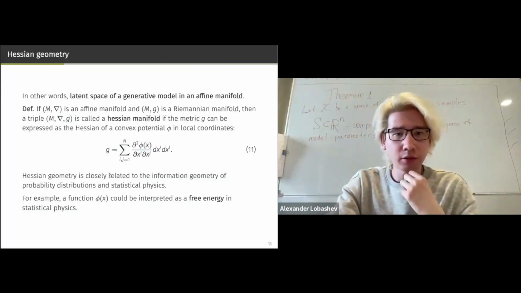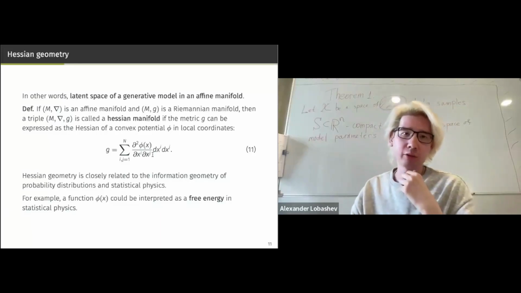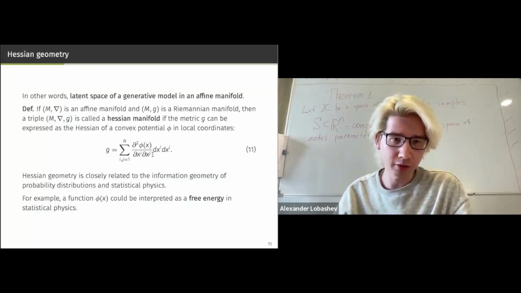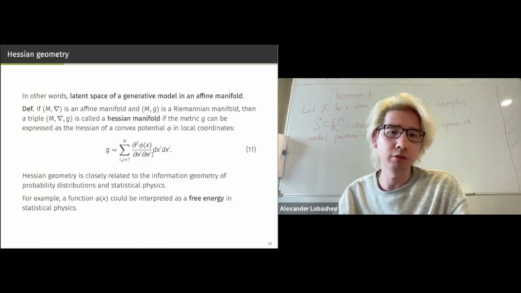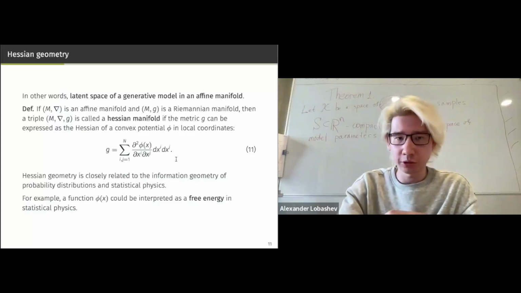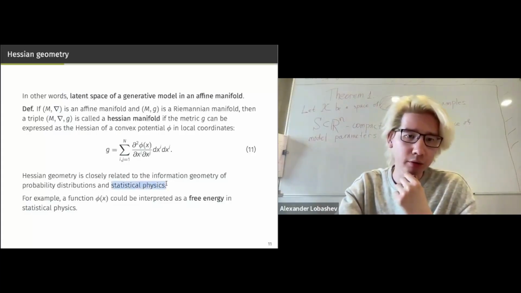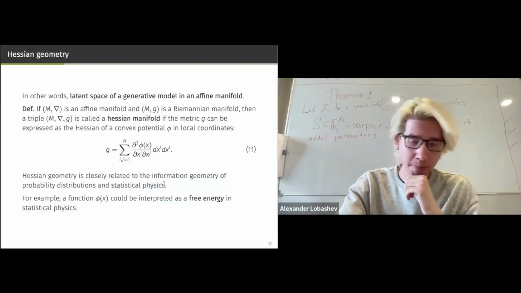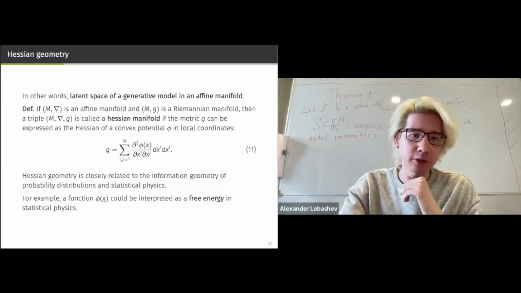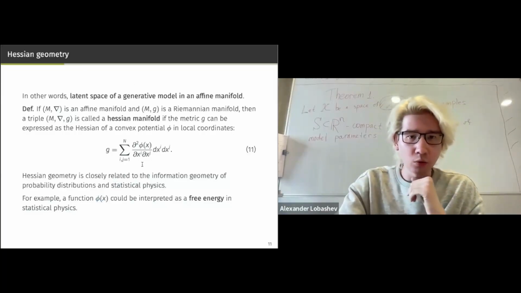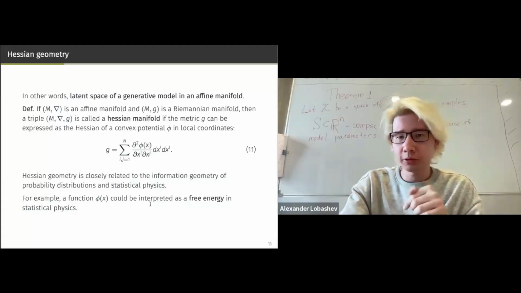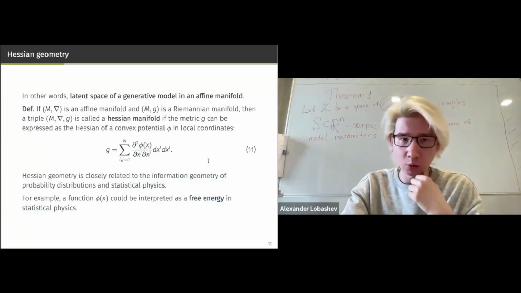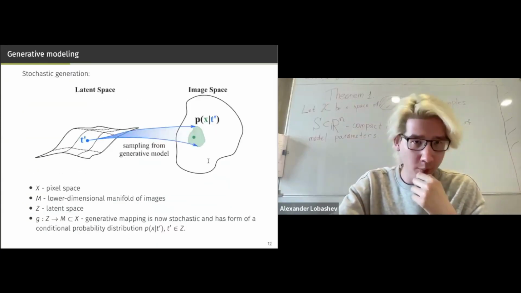And this notion of Hessian manifolds gives rise to the notion of Hessian structures, Hessian geometry, and this is closely related to the information geometry of probability distributions, and also closely related to statistical physics and thermodynamics. For example, this function, which is a convex potential, could be interpreted in statistical physics as a free energy of a thermodynamic system. We will talk about it a bit later.